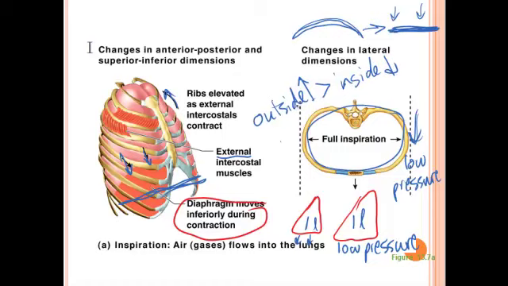So the air is going to naturally flow towards that lower pressure. Because there's more air pressure outside, the air naturally rushes into your lungs to fill that space until the pressure both inside and outside is again equalized.